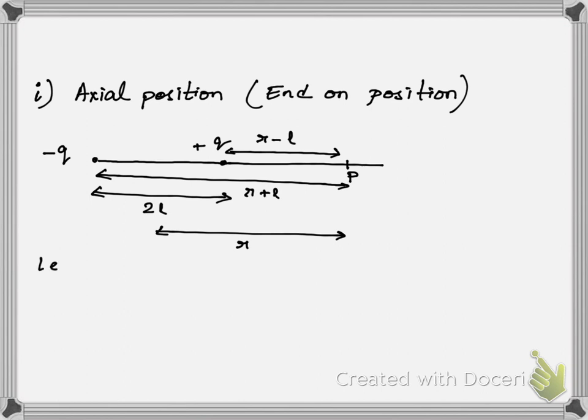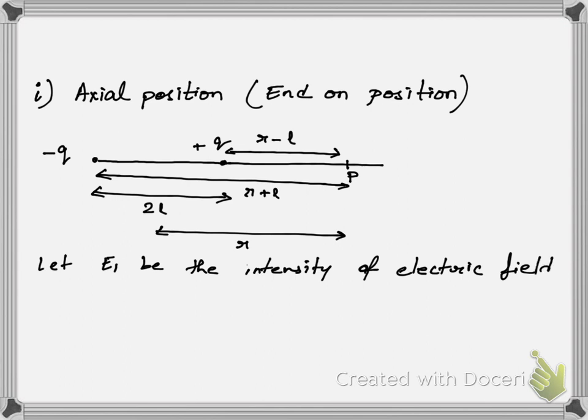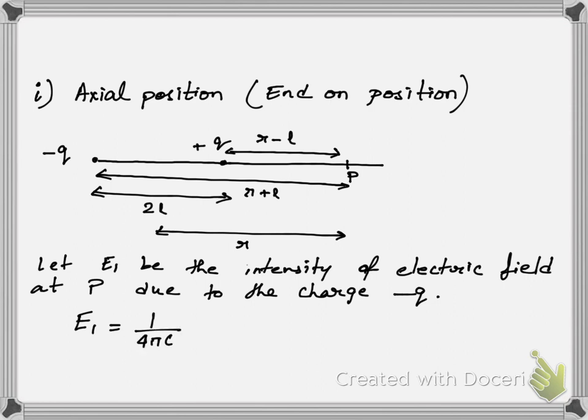Now let E1 be the intensity of electric field at P due to the charge minus Q. Therefore, the expression of E1 will be given as 1 by 4 pi epsilon naught Q, the distance of the point being R plus L, to the power 2.